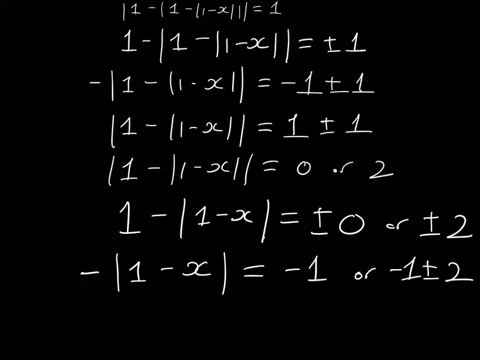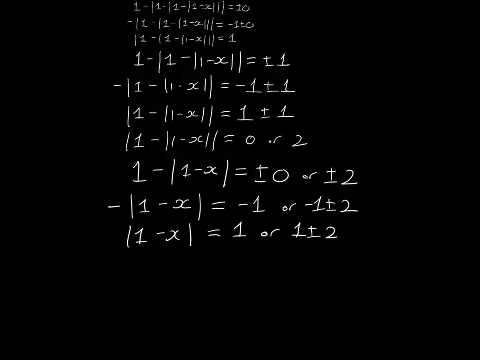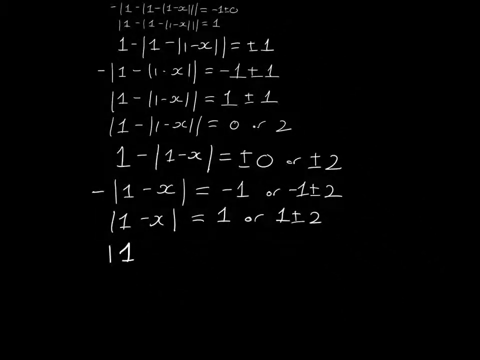Okay, and now we multiply by negative 1 on both sides. Get 1 or 1 plus or minus 2. So we get this, or 3.